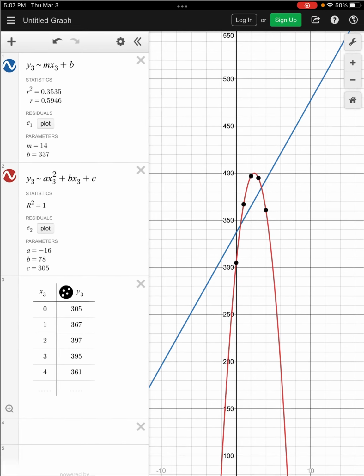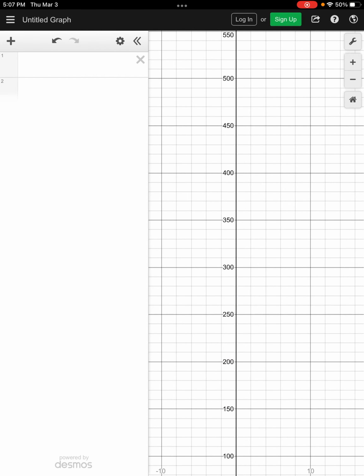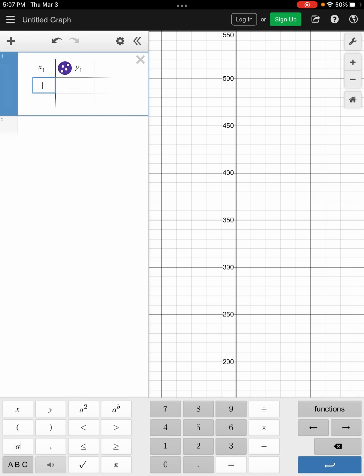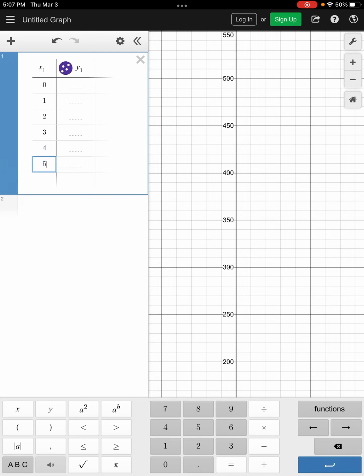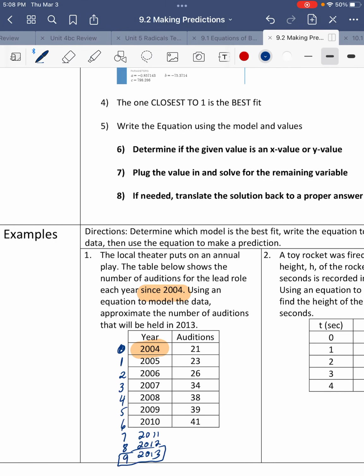Let's go back to Desmos, and I'll retype everything in just so you can see exactly what we do. We go to the plus table, and let's type it in. We have x values 0, 1, 2, 3, 4, 5, 6. Make sure I'm right there. Just 6.